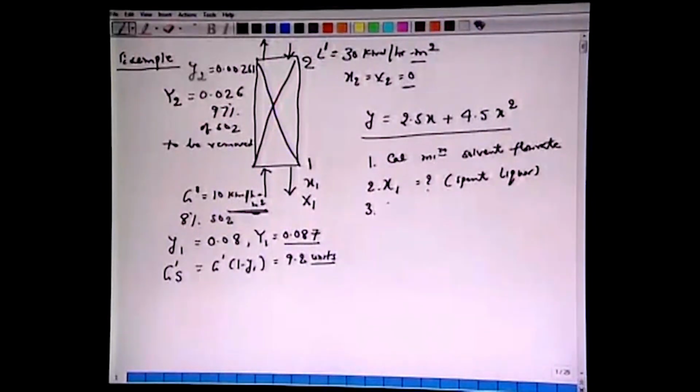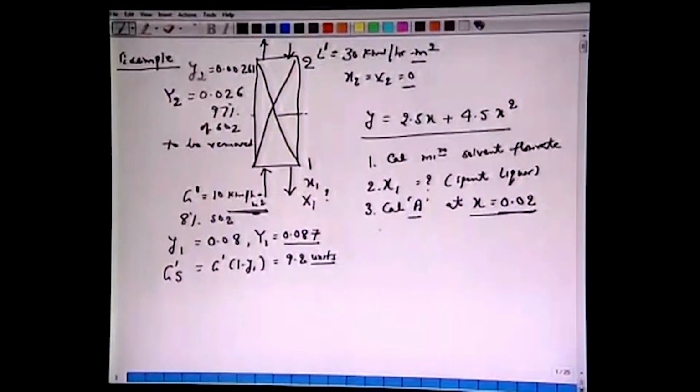And the third question is, calculate the absorption factor A at the location where x is 0.02. So, where the mole fraction is 0.02, this is 0 here and some value here. At the location where the mole fraction is 0.02, calculate this absorption factor.